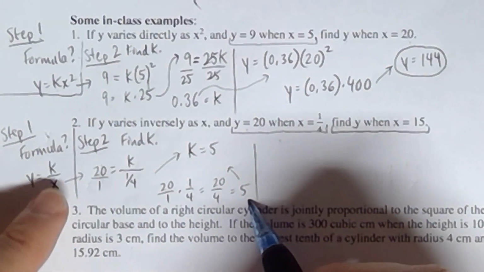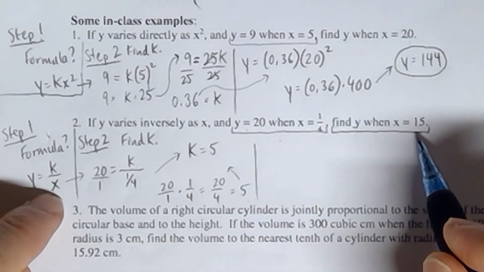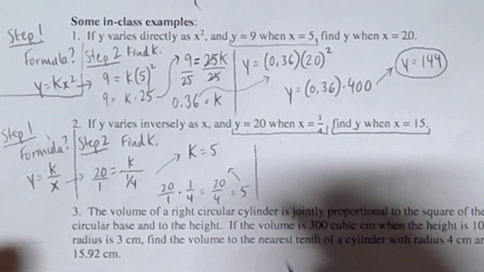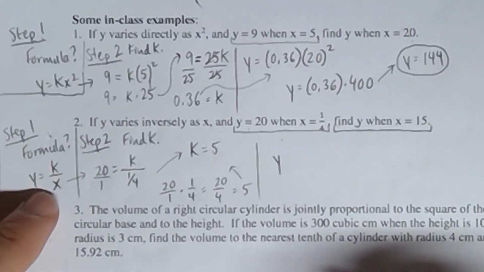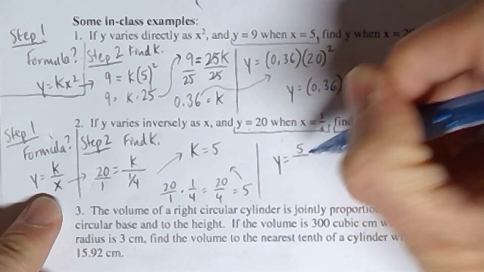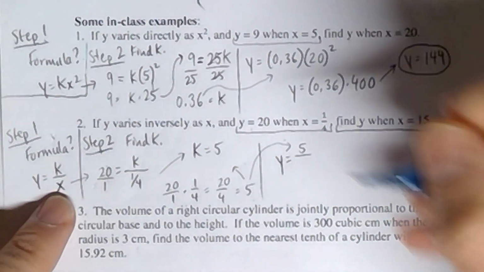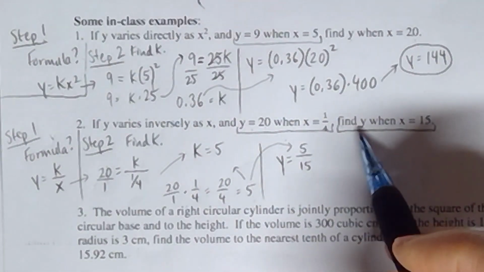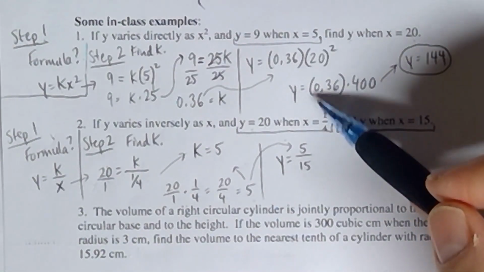Now that you know what k is, you can plug that in over here along with the 15 that they want us to plug in to figure out what y value goes with the 15. Again, I'm using the original formula. I'm plugging in k equal to 5, bringing that up here, and then I'm plugging in x equal to 15 because they told me to, and y is actually already by itself, so we're pretty much done. We don't need to get y by itself, like in the last problem, where it was by itself too.